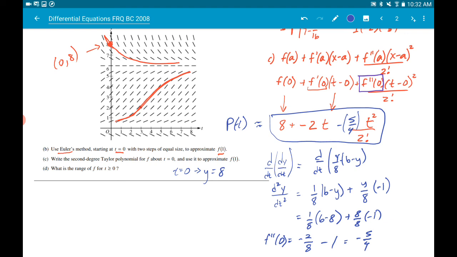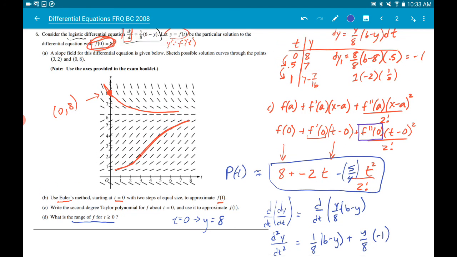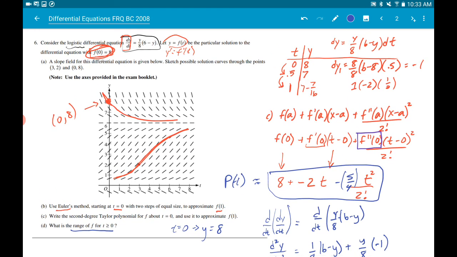The last question, just to bring closure to it, says, what's the range of f for t equals 0? So f is the function that passes through 0, 8. And so it's kind of deceiving here, and maybe they just want to give you a couple extra points at the end.